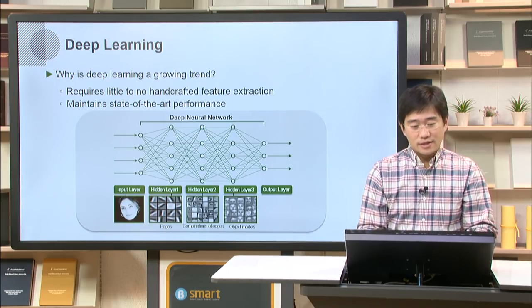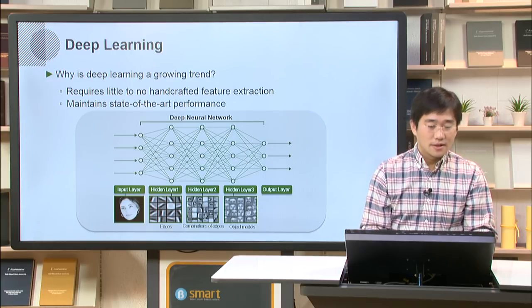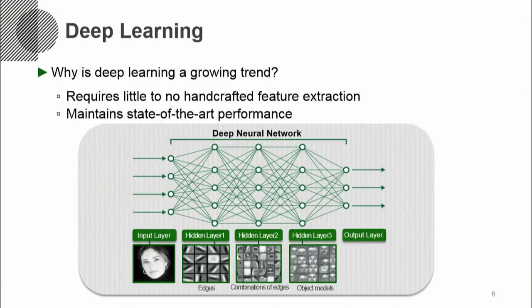So why is deep learning a growing field? It actually requires little to no handcrafted feature extraction. Previously, it was quite a big issue to extract meaningful, high-quality features so that our machine learning algorithm could work well.